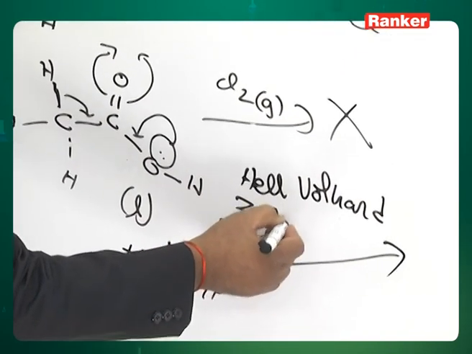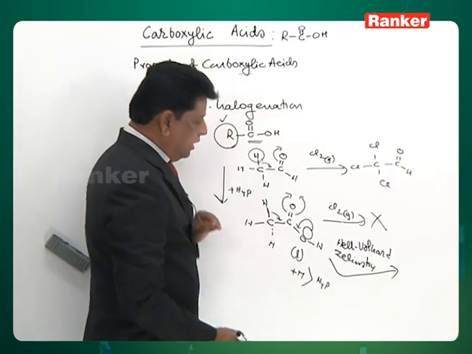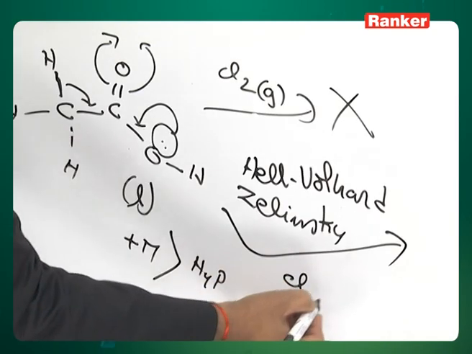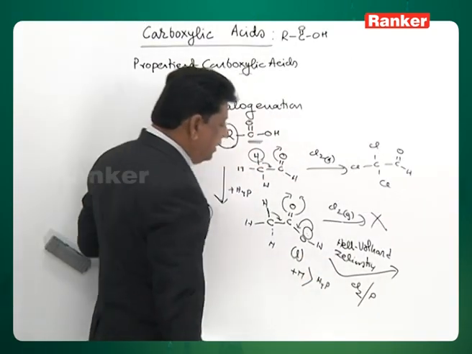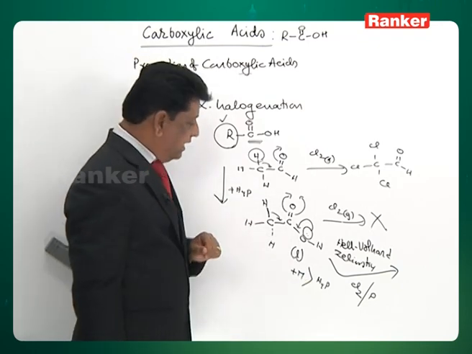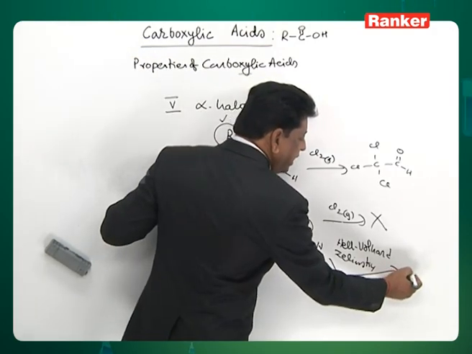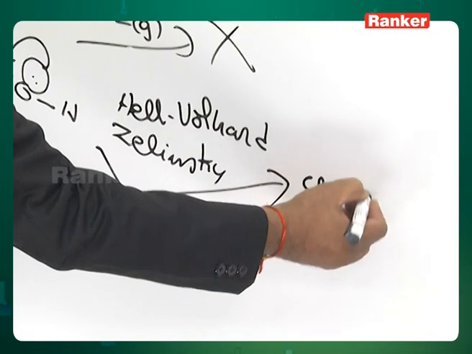Three scientists together found out that chlorine alone will not work, but chlorine in the presence of phosphorus is enough to promote this reaction, and you will get alpha chloroacetic acid formation.